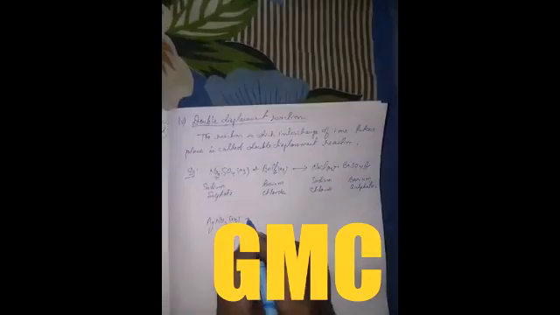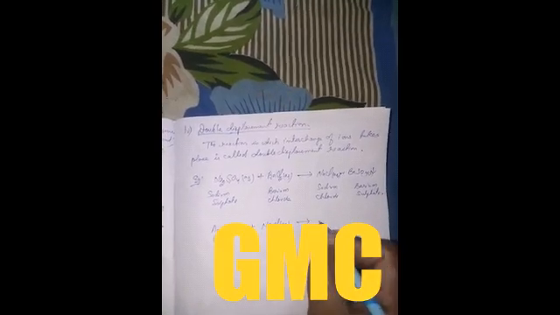Second example, silver nitrate aqueous form reacts with sodium chloride, also in aqueous form, to form silver chloride, a precipitate in solid form, plus sodium nitrate, NaNO3, that will be in aqueous state.